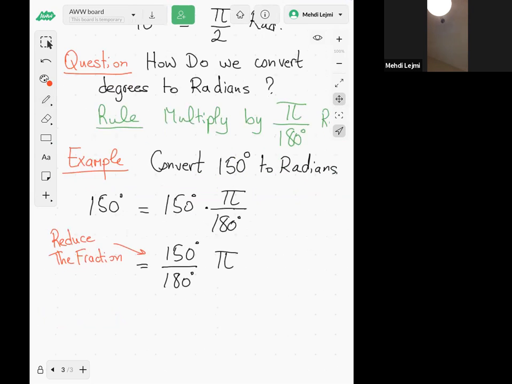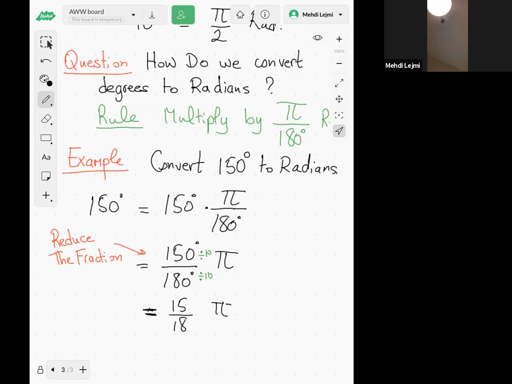For example, you can divide the top and the bottom by 10, so that will be 15 over 18 pi.